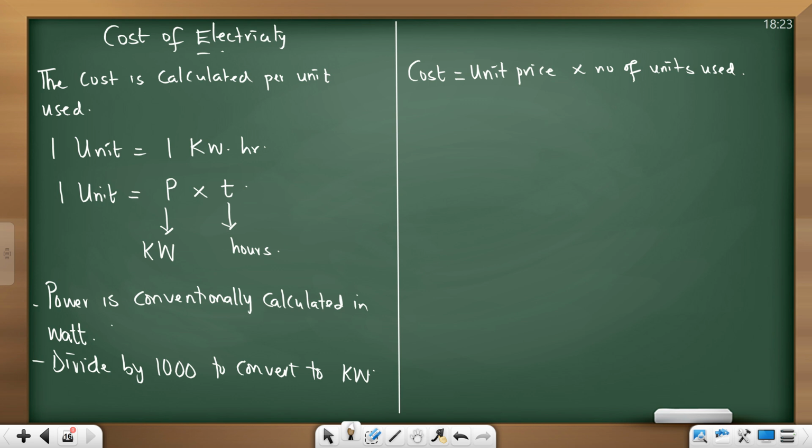Unit price multiplied by the number of units. Let's look at 1 or 2 questions on cost quickly. Even in grade 12, they do ask for this cost calculation. But you will be given the unit cost. All you need to do is to calculate the number of units that have been used.